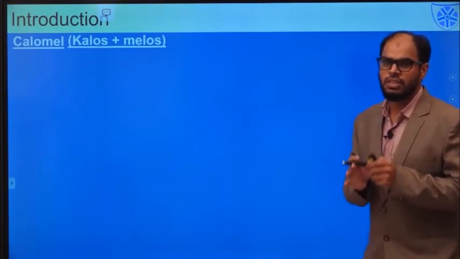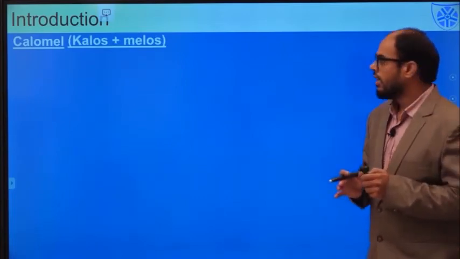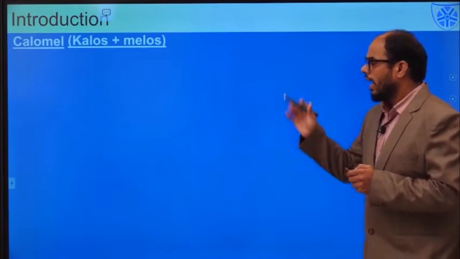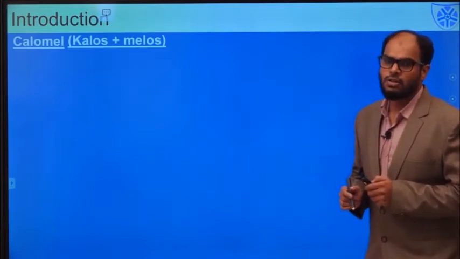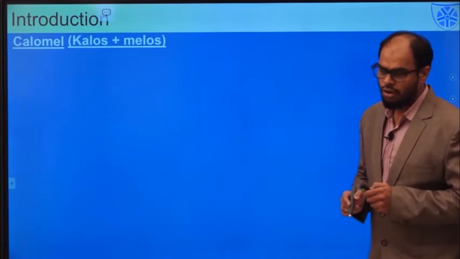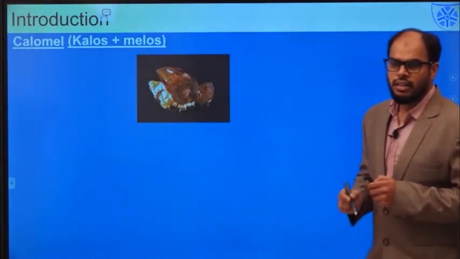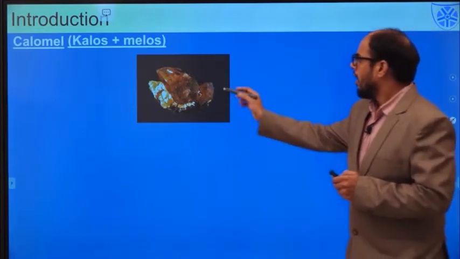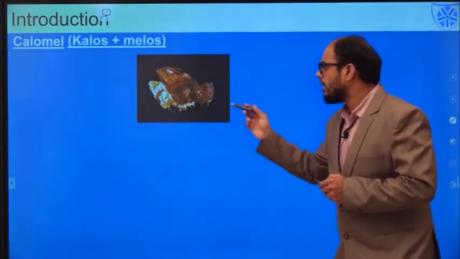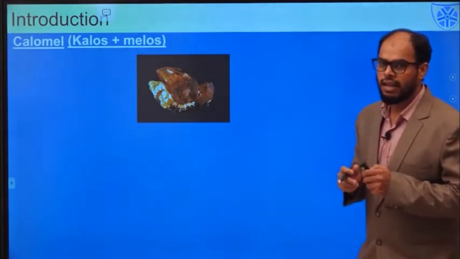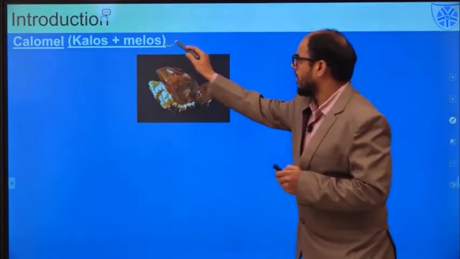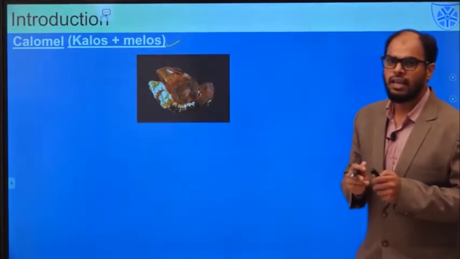Kalos means something which is beautiful, because this Calomel is nothing but a mineral salt of Hg2Cl2, which is very beautiful in color, and this Calomel on reaction with ammonia turns black. This Greek word melos refers to something black in color.